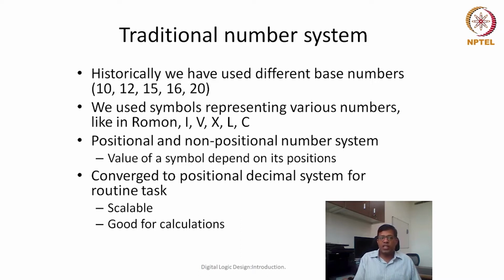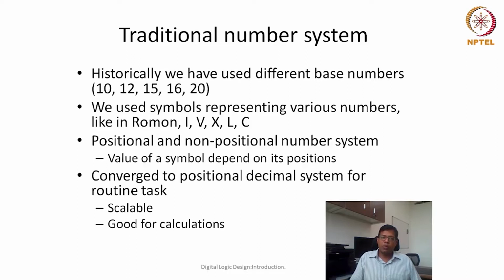In such a system, each position in the whole number represents a different value, while there were other systems where different symbols represent different values. For example, Roman numbers.